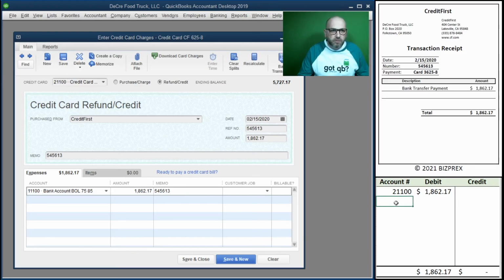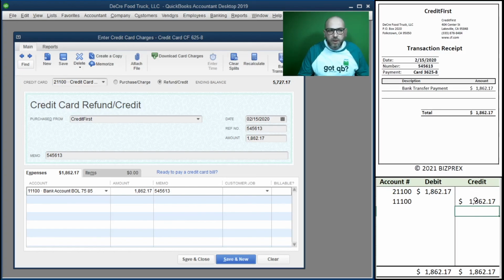What else is going on? Well, we just used our bank account, so we moved the money from our bank account to pay our credit card, and that money left our account. So our bank account got reduced by the amount of the transaction, and bank account is an asset, and assets are reduced when they're credited.